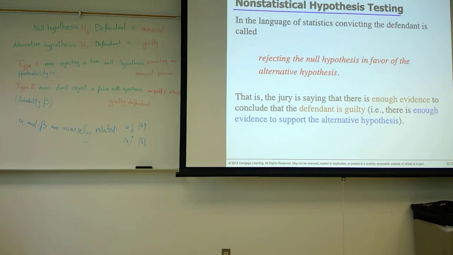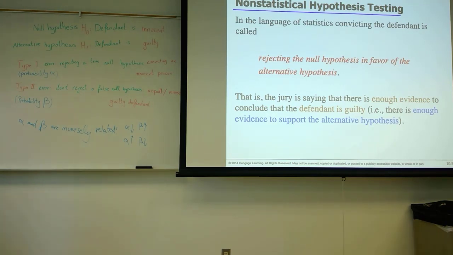So in the language of statistics, if we find enough evidence to reject the null hypothesis and support the alternative hypothesis, we reject the null hypothesis in favor of the alternative hypothesis. It would be like having enough evidence to believe that the defendant is guilty.